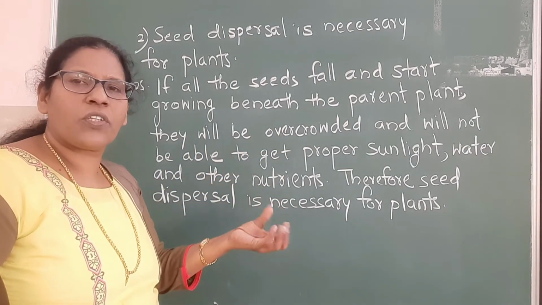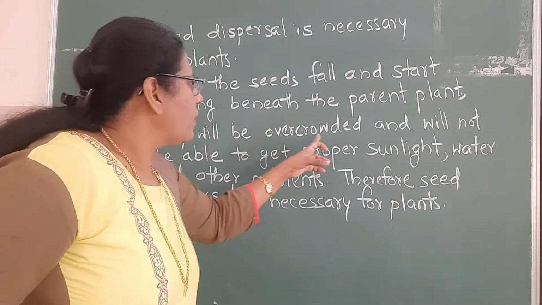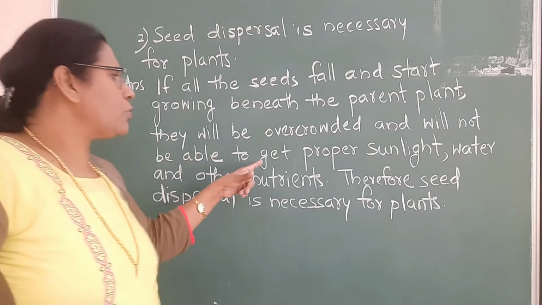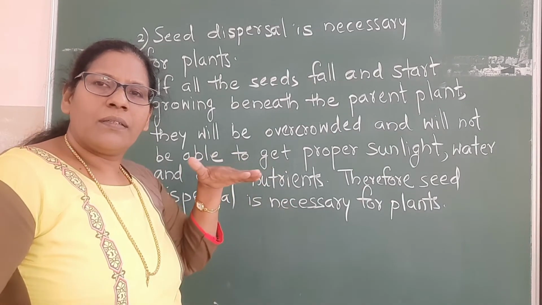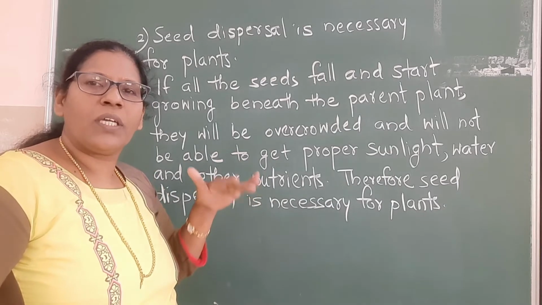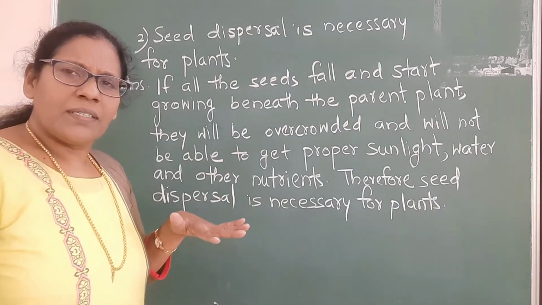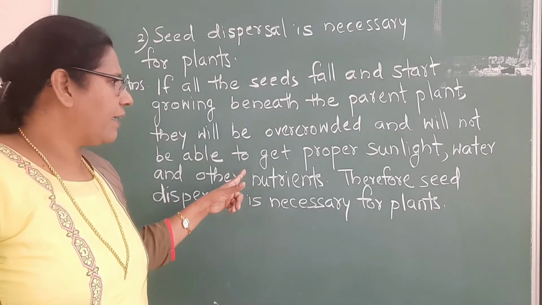The young plants grow, then it is overcrowded and they will not be able to get proper sunlight. Remember, these new plants are growing beneath the mother plant, so sufficient sunlight will not be available there.